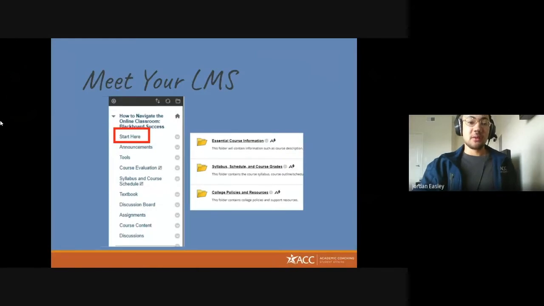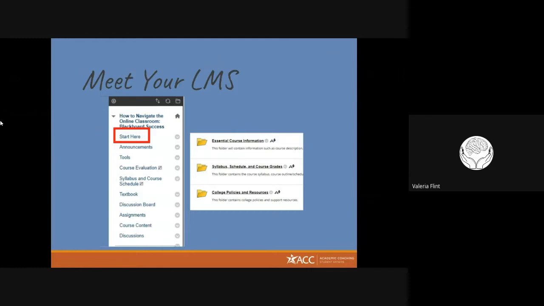So we're going to first talk about the LMS. As mentioned earlier, there's some effort at ACC for all courses to have met the Quality Matters certification. Most of them are going to look this way, where on your left-hand side, you're going to be able to see the main areas that you need access to most often.